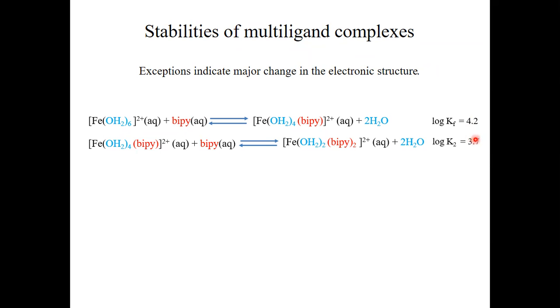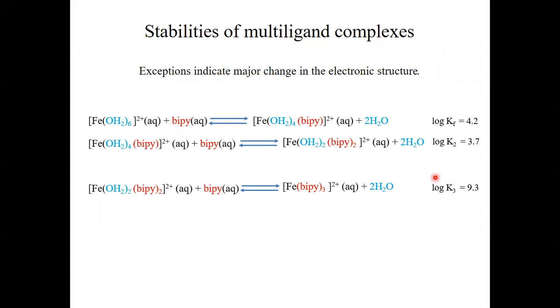Now let's do a third reaction and substitute the last two water ligands by an additional bipyridyl ligand to give this tris-bipyridyl iron 2+ complex. We can again measure the equilibrium constant, but now we see, big surprise, the equilibrium constant is much higher than the other two.